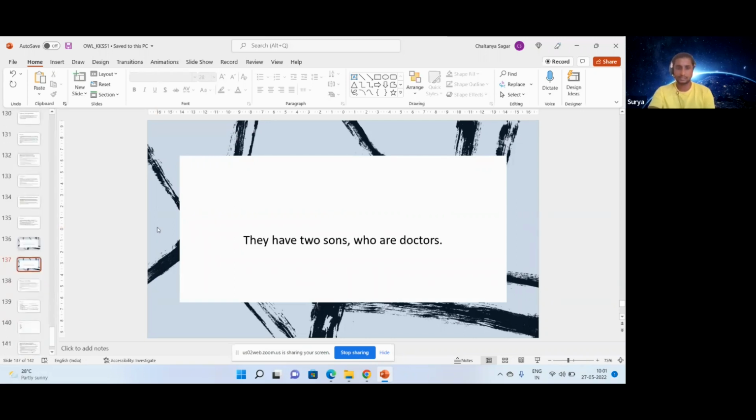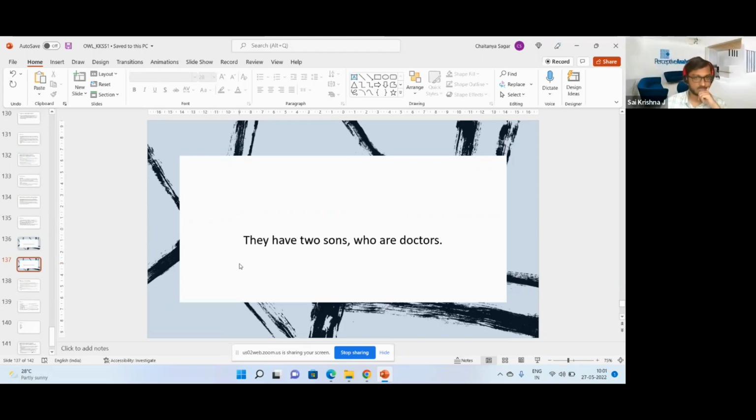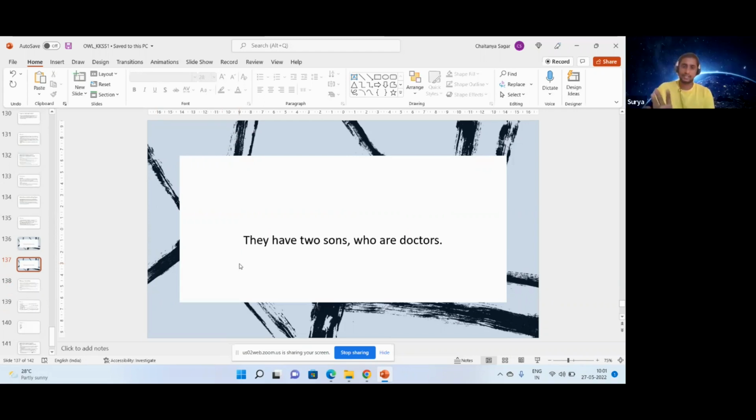We'll go to the next sentence. If you see this one, "They have two sons, who are doctors." What could you infer from this sentence? Can anyone explain? They have only two sons. Correct. Here in this case, just by putting the comma, what you can infer is they have only two sons. And "who are doctors" is actually extra information.